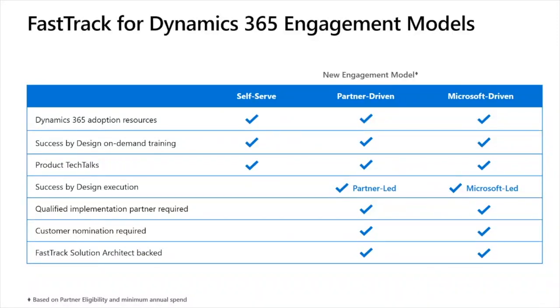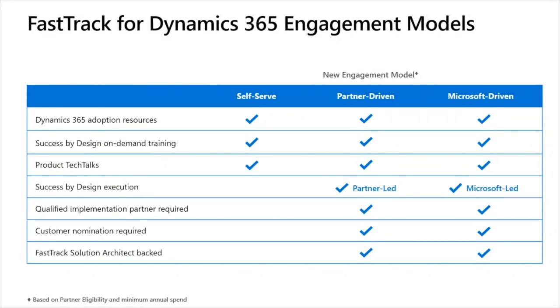Now, if we look at the Microsoft-led engagement, we will continue to assign a dedicated solution architect from the Microsoft FastTrack team to the projects, and we will continue to be the Microsoft FastTrack team that leads the execution of these Success by Design workshops with the participation from the partner and the customer. The partner will be required to have gold or silver cloud business application competency for the nomination to be valid.